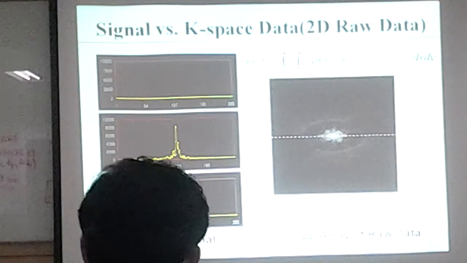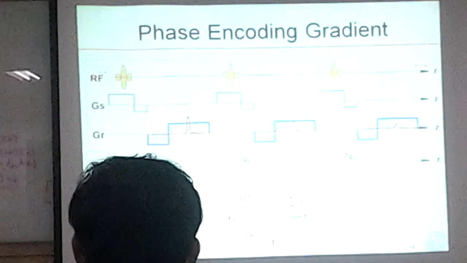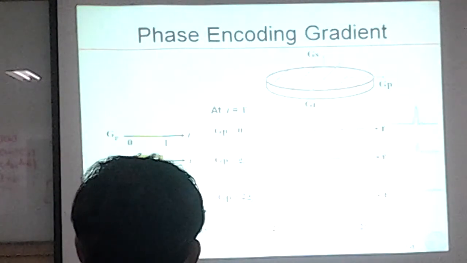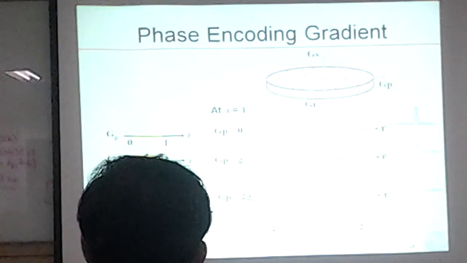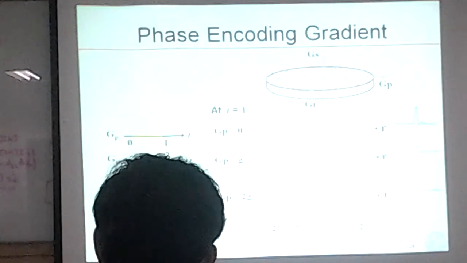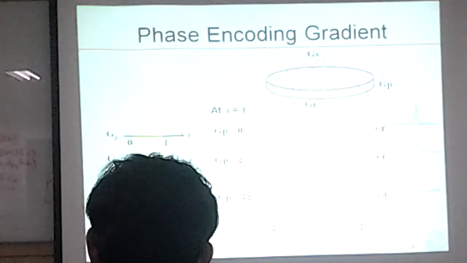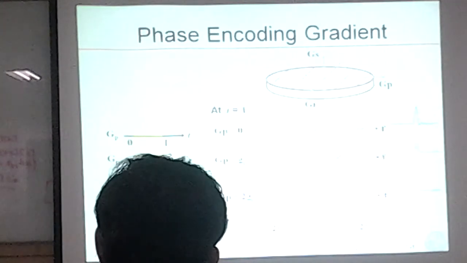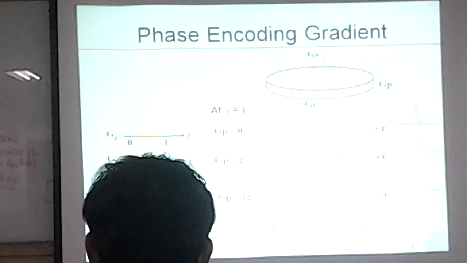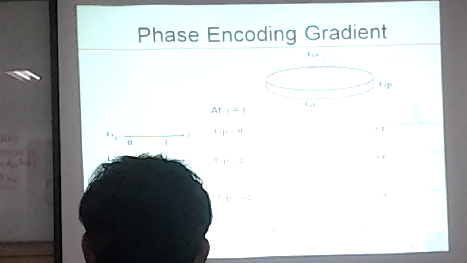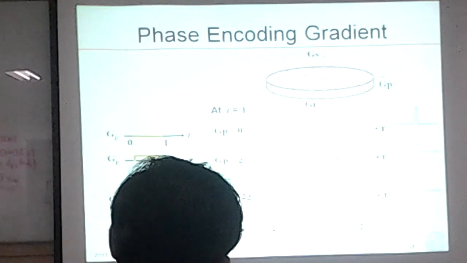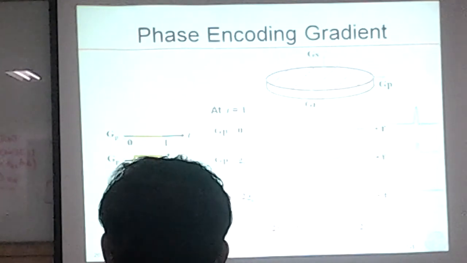For the zero phase encoding gradient, as I said before, all spins have the same phase, so the vector summation is maximum. So the signal intensity is maximum for the zero phase encoding gradient. But for the non-zero phase encoding gradient, the incoherent phases generate reduced signals.